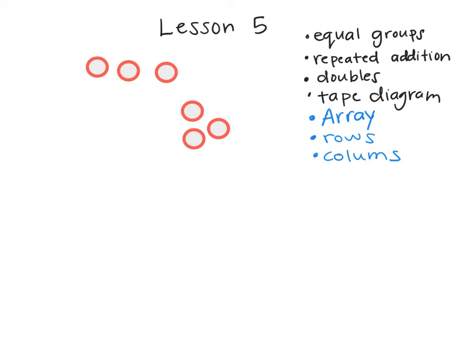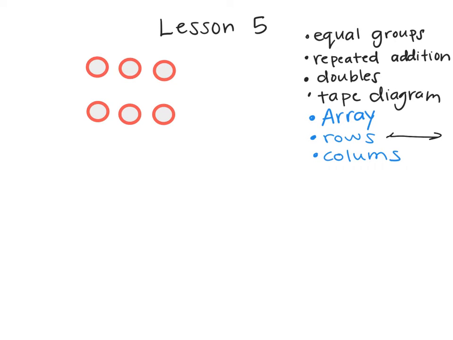If you've ever been to a movie theater or a sports game, you think about how people are seated. They're seated in rows. So rows are across, going side to side. Okay, so I see I have 1 row here and 1 row here.